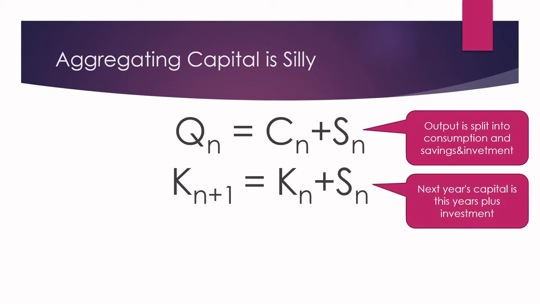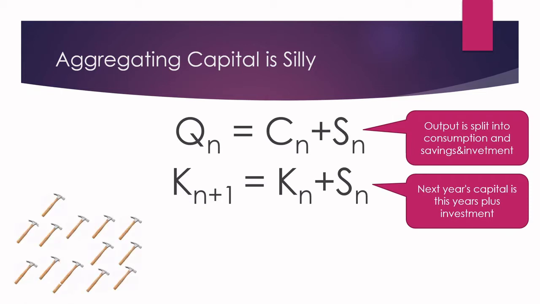Right? Well, again, this is nonsense because as we saw on the previous slide, there's multiple different types of capital. So I'll give you an example that I just lifted from the great economist Bob Murphy, who I first heard use this example. Let's say we took all our savings and investment from this year, all of S sub n, and we bought hammers. And we just manufactured like 1 million new hammers, right?